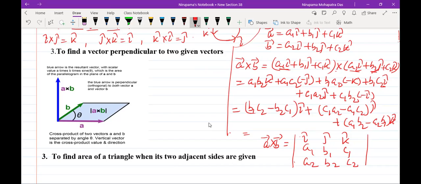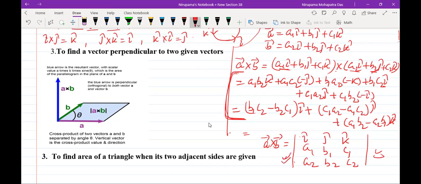If it is B cross A, then it would be I, J, K, A2, B2, C2, A1, B1, C1. And of course, whenever you interchange any two rows, the sign of the determinant is changed. It is a proof that A cross B equals minus of B cross A. So this is very simple, you don't have to multiply like this every time. While evaluating A cross B, simply you have to take this one.